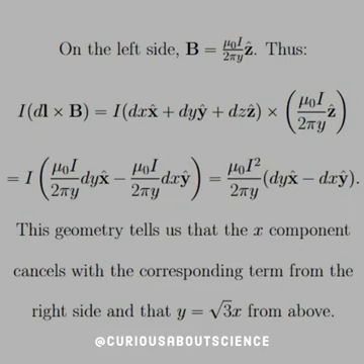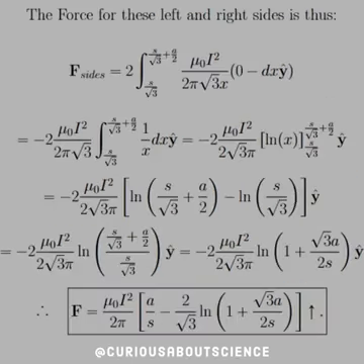But again, since our geometry tells us that we have a symmetry about the vertical line, or vertical center, we know that the x directions cancel, so that dy term is not something we need to worry about when integrating. As we saw how we set up the triangle in the diagram, we can apply that same argument for what y equals, which is just square root 3 times x, again from tangent of 60 degrees. Putting this all together now, the force of the left and the right sides is thus 4 sides equals 2, since there's 2 sides.